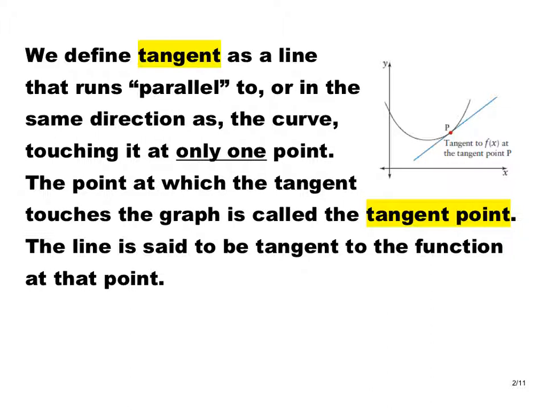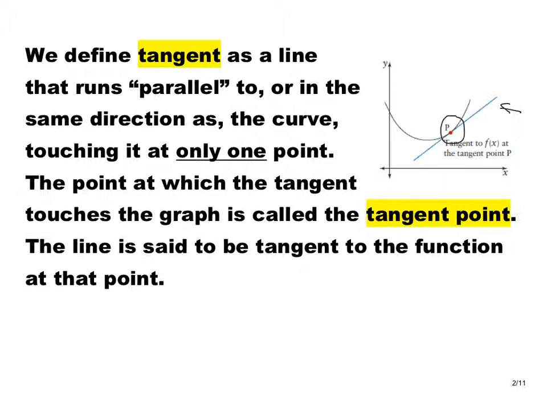As you can see in this graph, the distance between the points P and Q is extremely small. This causes the secant to be a line that now we call the tangent. This line now is called tangent, which runs parallel to the curve in the same direction as the curve and touches the curve only at one point, which is point P.